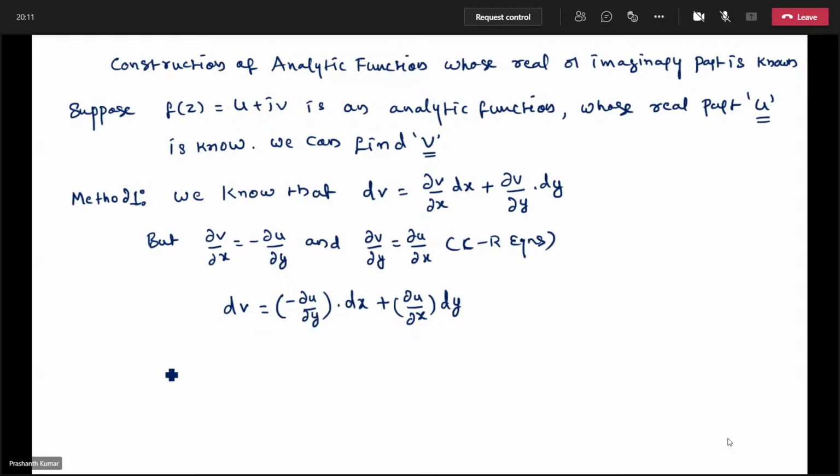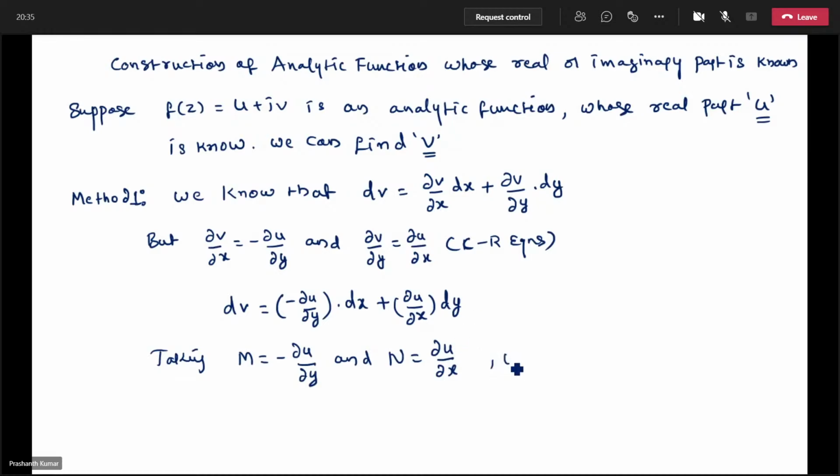So here, taking m equal to minus dou u by dou y, this is our concept, and n equal to dou u by dou x.